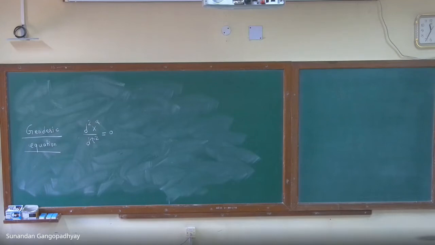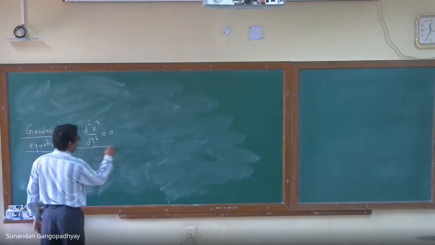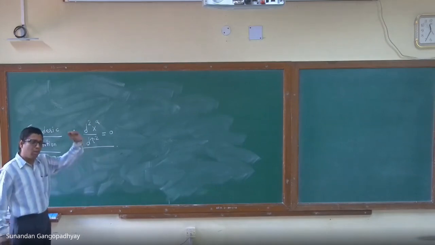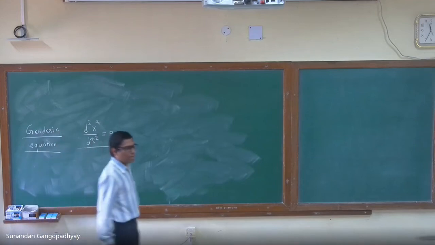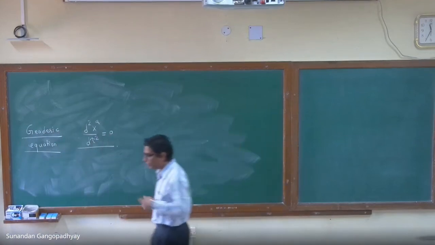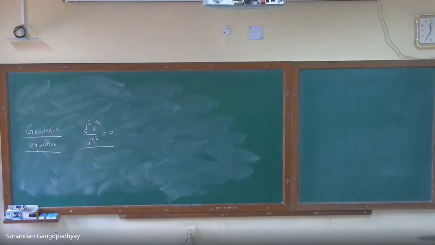Suppose in a locally flat Cartesian coordinate system the equation is basically this. This is the simplest equation that you can consider in curved space-time. You have something in flat space-time like this, and you can say that this is my equation in a locally Cartesian coordinate system. That would be a generalization of this equation. Let's see what happens if you consider this equation.